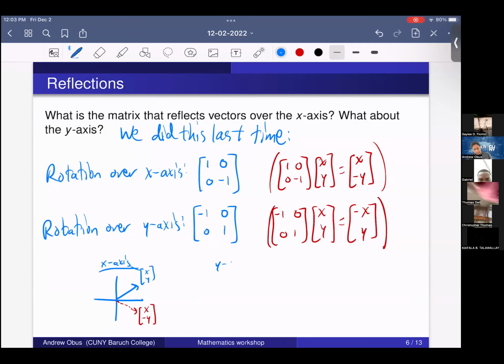And then with the y-axis, if I have a vector xy and I want to reflect it over the y-axis, that would be this vector over here, which has the same y coordinate but negates the x coordinate. So I'd have minus x, y.